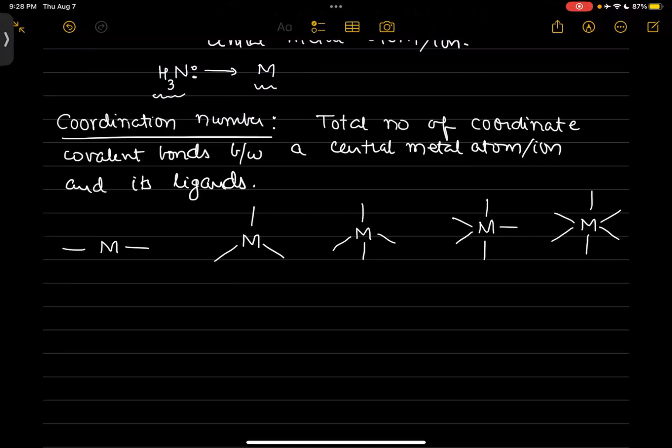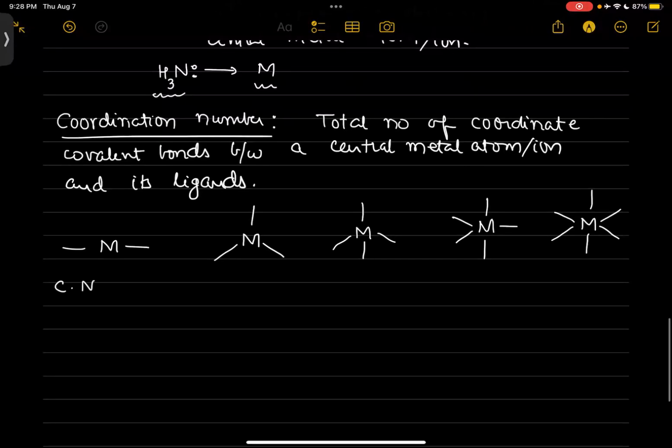For this one, I will write it in an abbreviated manner. What is the coordination number of this complex?